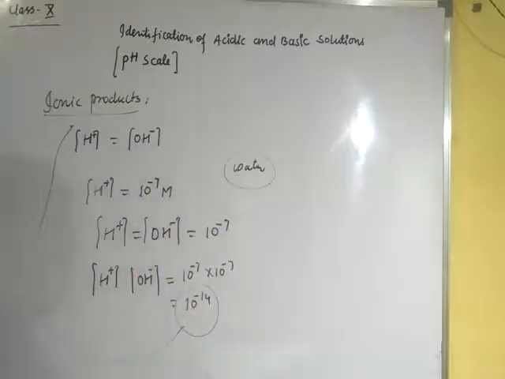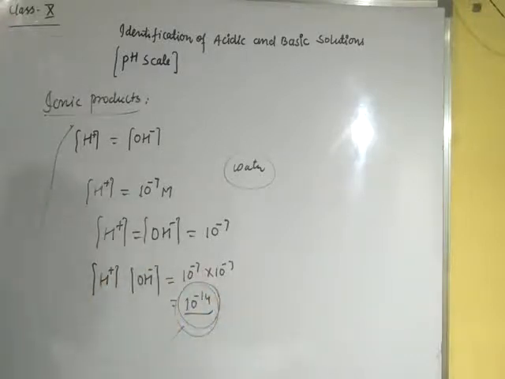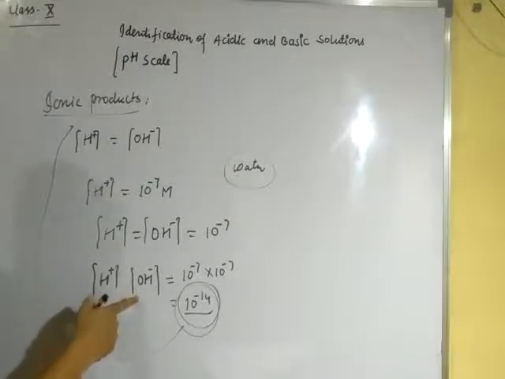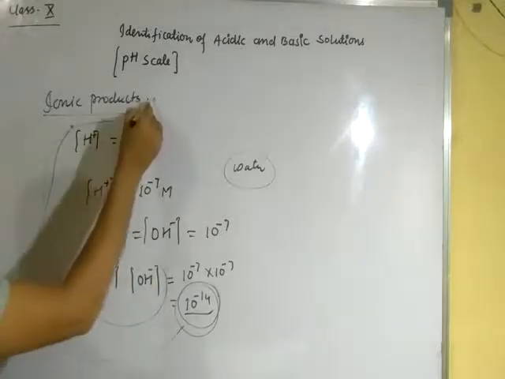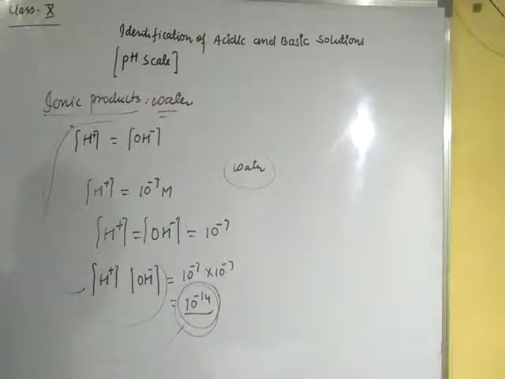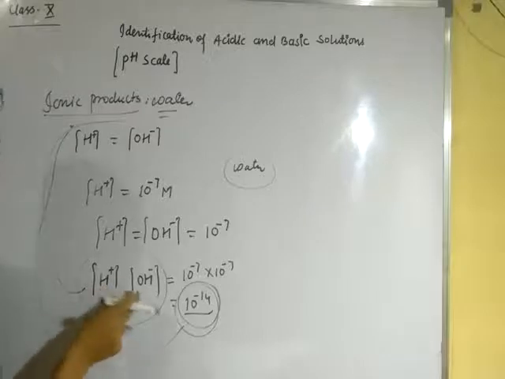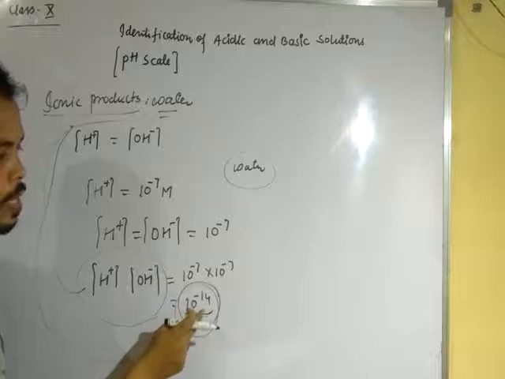The ionic product of water is equal to 10 to the power minus 14. So the H plus ion concentration into the OH minus ion concentration is known as the ionic product of water. Keep in mind always, H plus ion concentration into OH minus ion concentration is equal to 10 to the power minus 14.